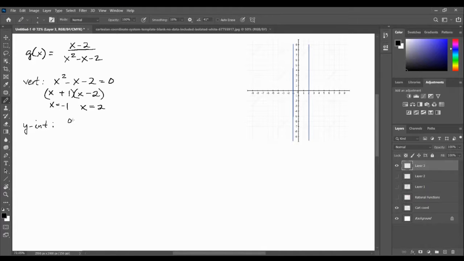So we've got 0 minus 2 over 0 squared minus 0 minus 2. Looks like negative 2 over negative 2, which is 1. So we've got a y-intercept of 1. Good.